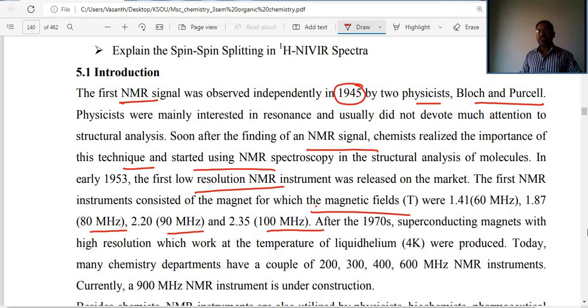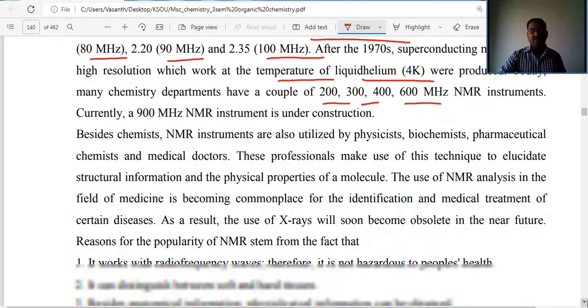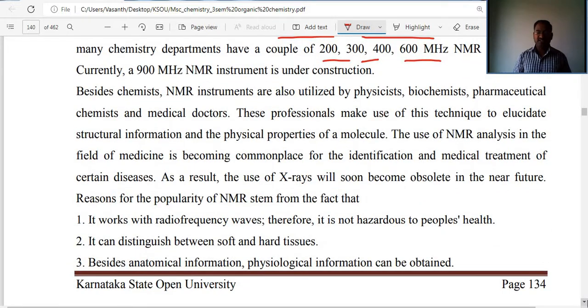After 1940, superconducting magnets with high resolution, which work at the temperature of liquid helium, were produced. Nowadays, we use 200, 300, 400, 600 megahertz NMR instruments. Currently, a 900 megahertz NMR instrument is under construction.